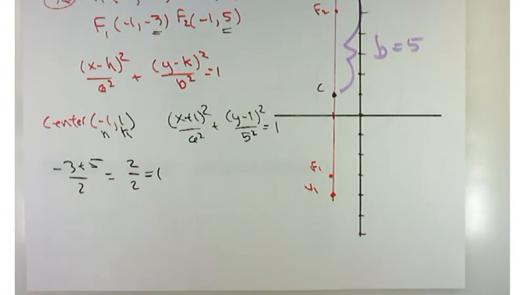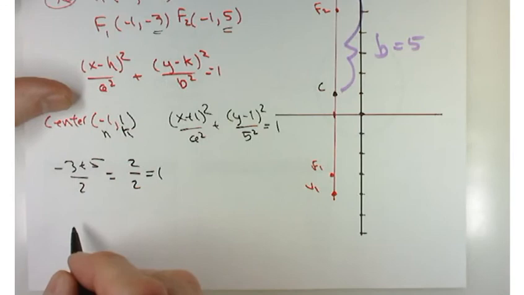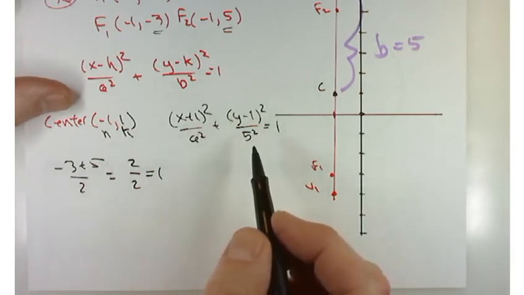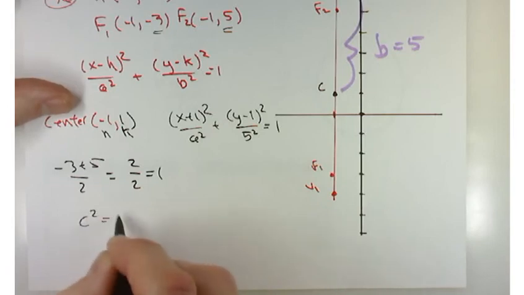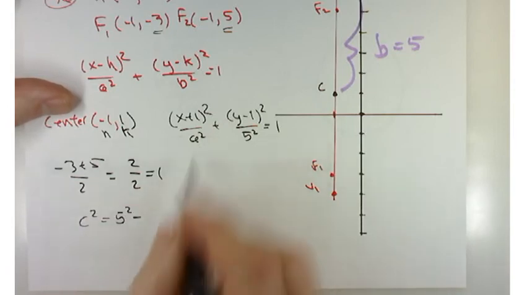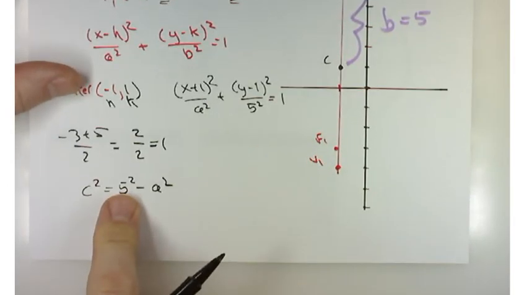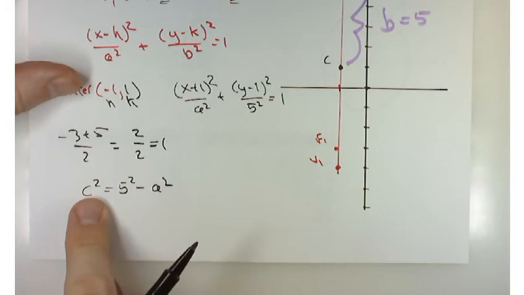What can I do to determine a? That would be if you're working with a parabola. c squared equals 5 squared minus a squared. Well, what's c squared? What's c?